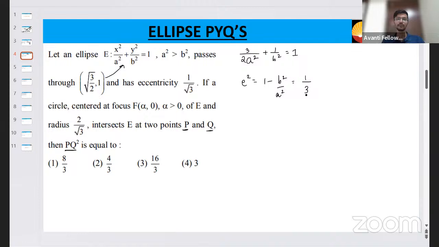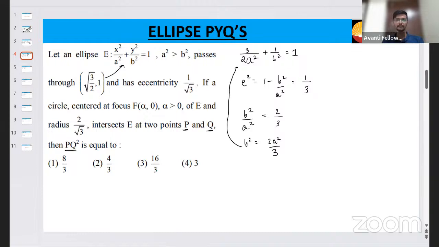So we have to solve both these equations simultaneously. From here, we'll get B square upon A square is equal to 2 by 3. Correct, guys? 1 minus 1 by 3 is 2 by 3. So B square is equal to 2A square by 3.